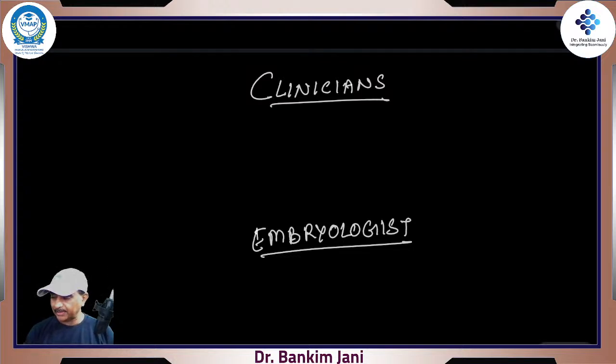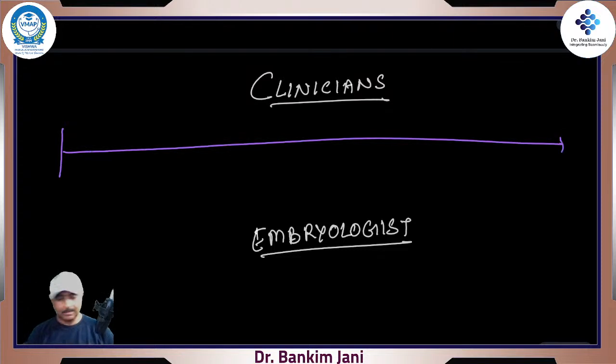Let's draw it like this. This is LMP, the last menstrual period, that is, the first day of the last cycle's bleeding. Now we know that roughly 2 weeks, 14 days, is the point when the mature ovum is released and fertilized.